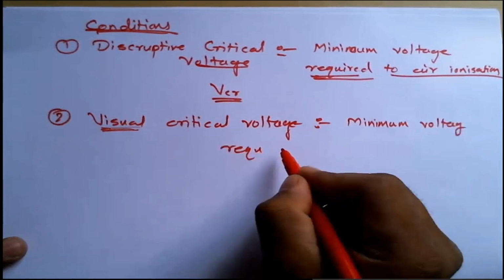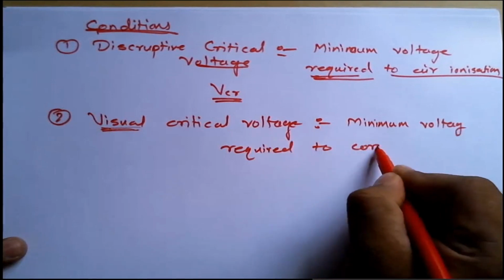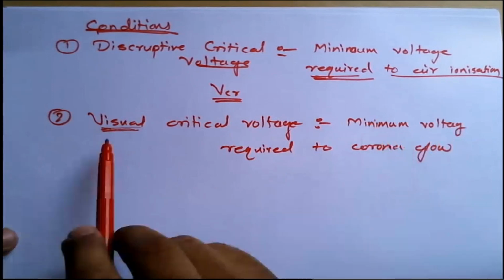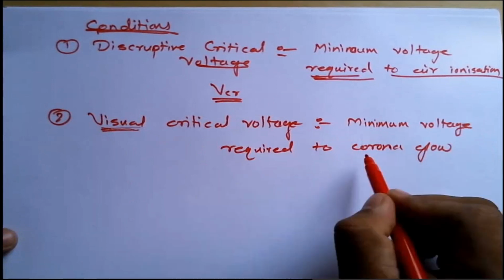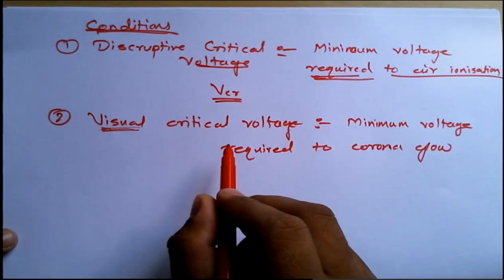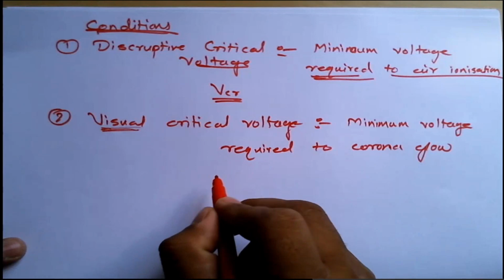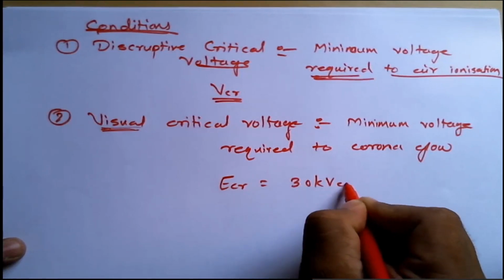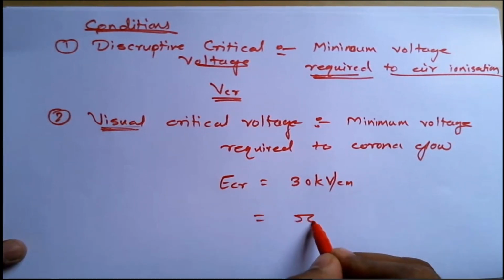Visual means it can be seen by us. The visual critical voltage is the minimum voltage required for corona glow, and it is different according to different weather conditions, right? Let us suppose we consider VCR equal to 30 kV per centimeter. In that case, the visual critical voltage may be 50 kV per centimeter.